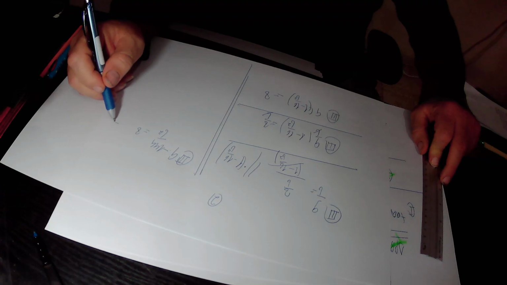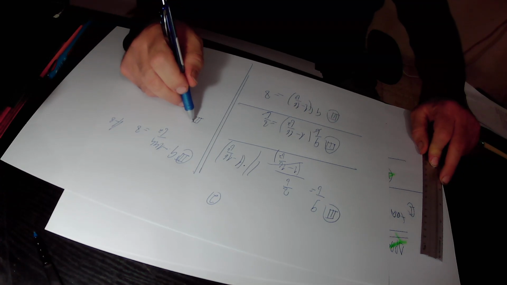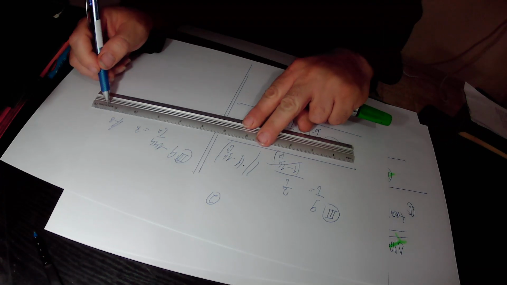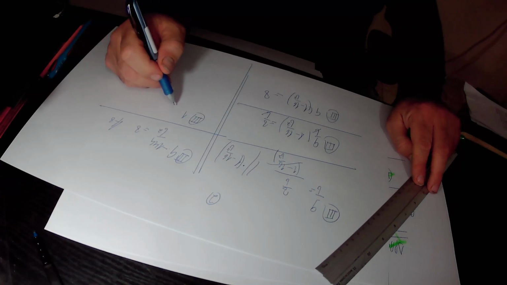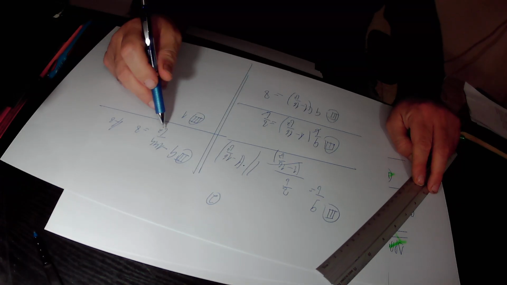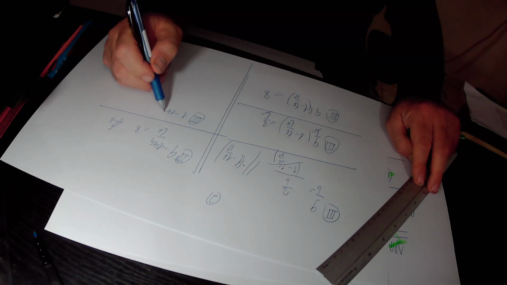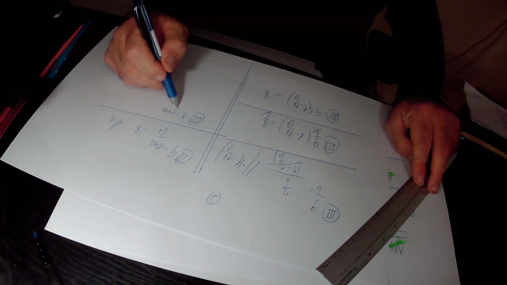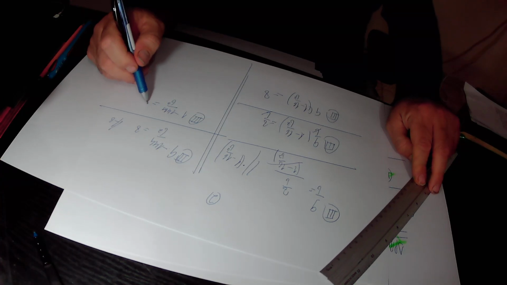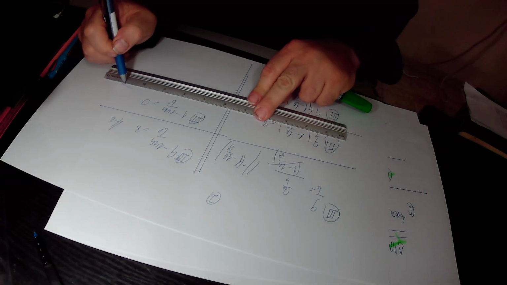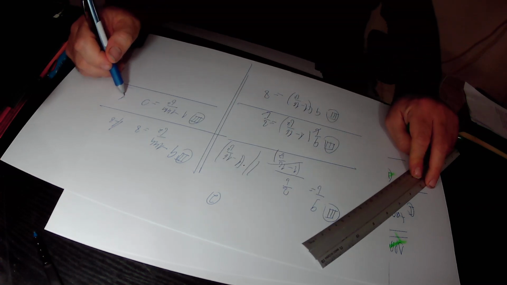Here we subtract 8 from both sides. Nine minus 8 is 1. So here we have also minus 144 over b squared equals 8 minus 8, which is 0.